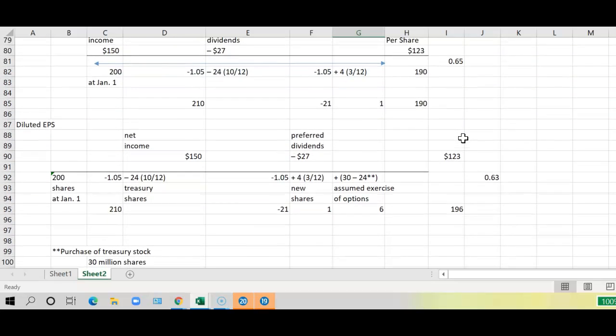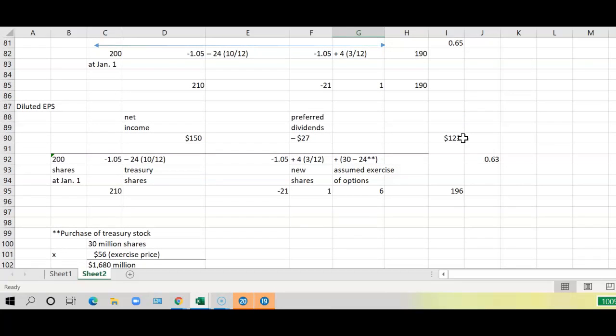Now for diluted, we consider all potential shares that are outstanding. And they told us as of December 31st, all 30 million incentive stock options granted to the key employees on September 13th, 2019, were all outstanding. They have not been exercised.